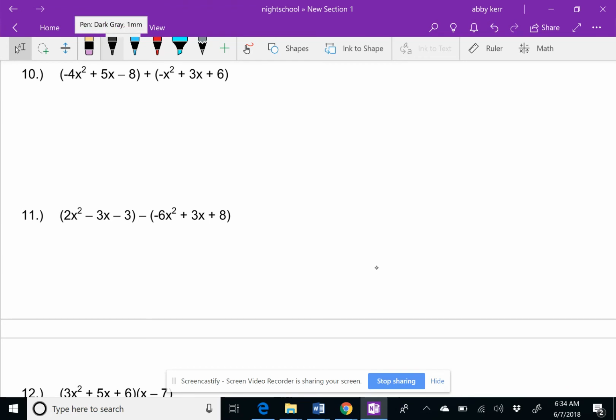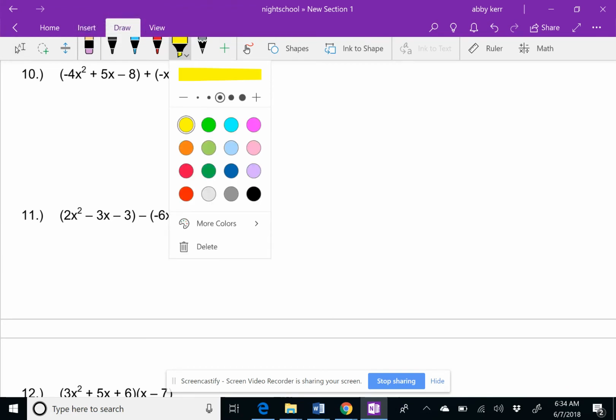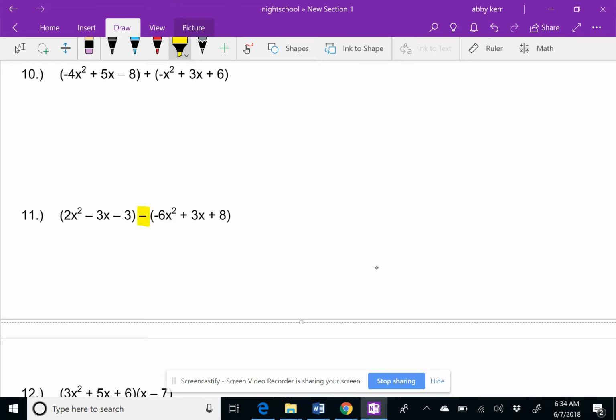Number 11, once again, you want to look at what's happening in the middle. The middle is a negative. So that's really a -1 being distributed. -1 being distributed changes each sign to the opposite.